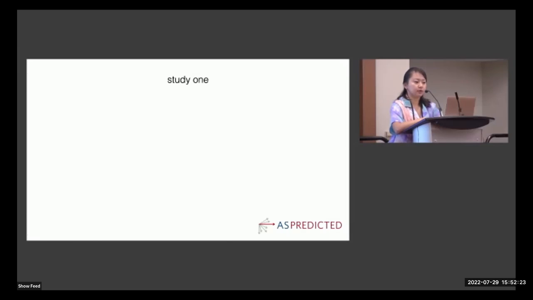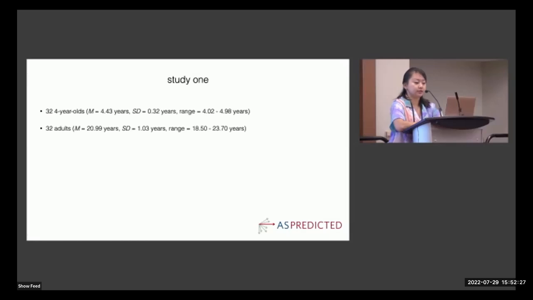So in study one, which we pre-registered, we had 32 4-year-olds and 32 adults, and we ran them on a pretty simple task. We presented them with functional metaphors involving novel artifacts and known natural or social kinds. I puzzled over how to do this for a really long time because I wanted to make sure that kids interpreted these statements as metaphors and not category statements.